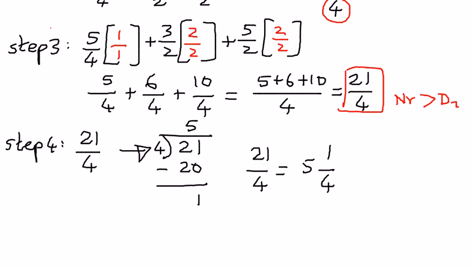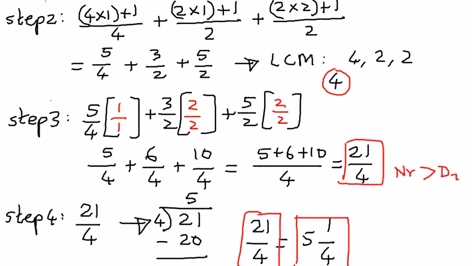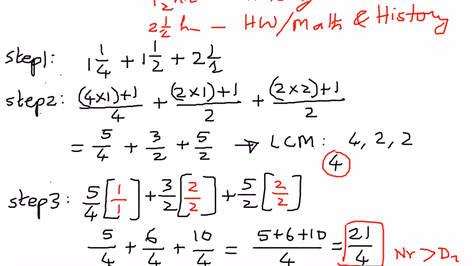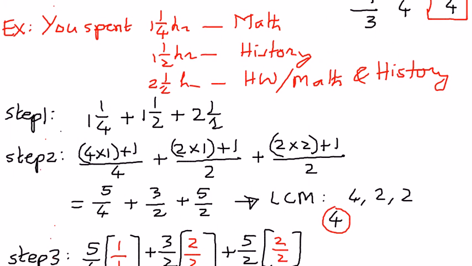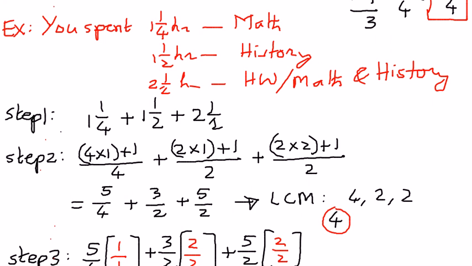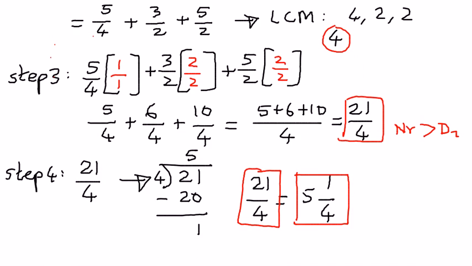So therefore, 5 1/4 is in its mixed number format, and 21 over 4 is in its improper fraction format. So to tie it back into the problem, if you spent 1 1/4 hour studying for math, and if you spent 1.5 hours studying for history, and if you spent 2.5 hours doing homework for math and history, what is the total amount of time you spent on these activities?